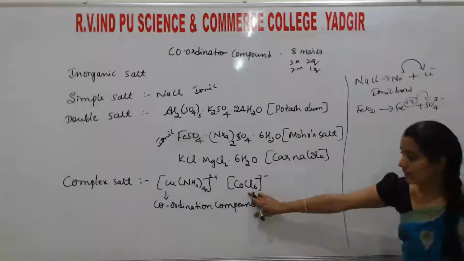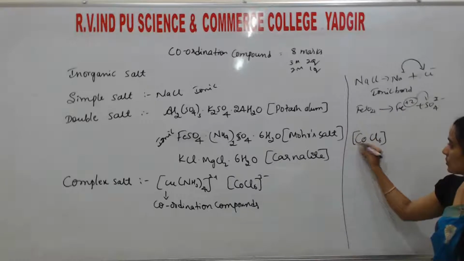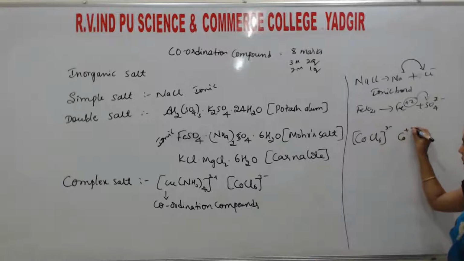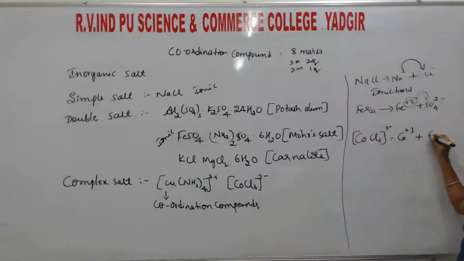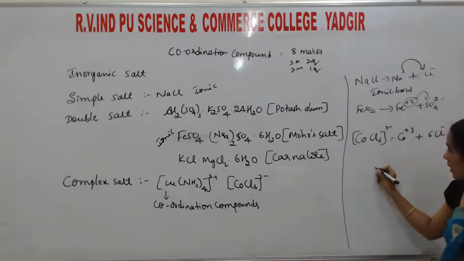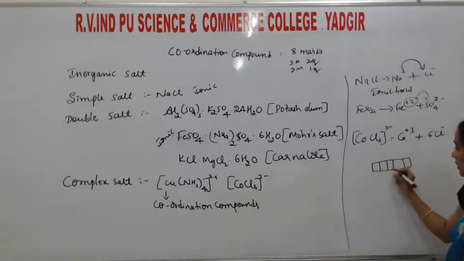But if you consider CoCl6, students, here this is 3 minus, meaning the oxidation state of cobalt is plus 3, plus 6 into Cl minus. Here only 3 electron transfer takes place, but this cannot take place like these. Here the cobalt has empty d orbitals.